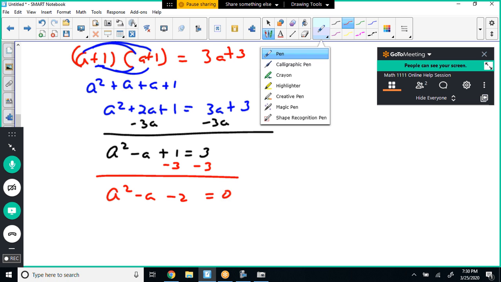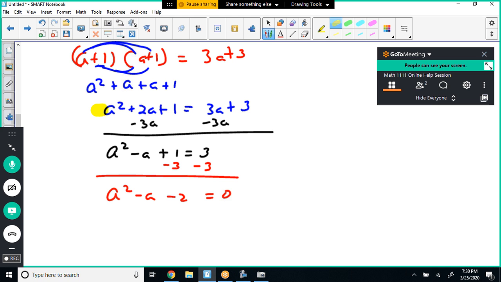So what I did was, once I got this side right here, I took the other side and moved it over. I took the green over to the left-hand side to get everything equal to 0, right? Because we have a quadratic now.